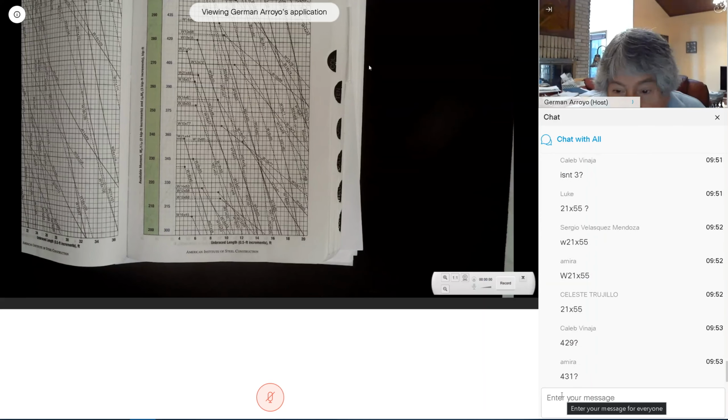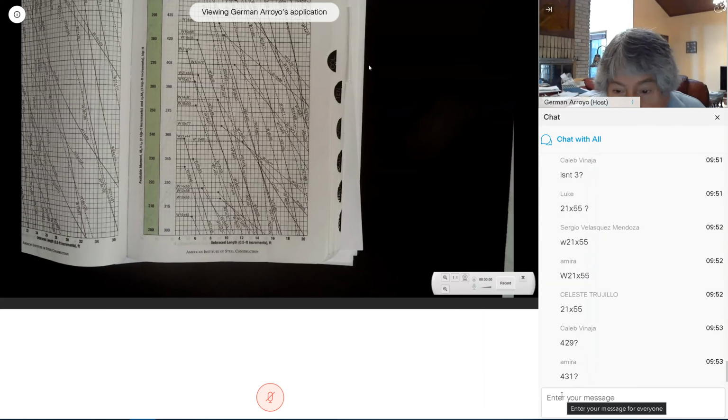This is page 9. C sub B, we computed at 1.36. M sub P, we computed.